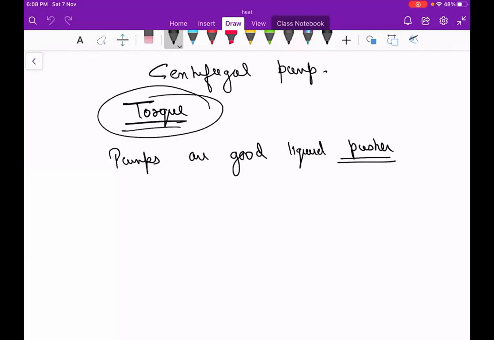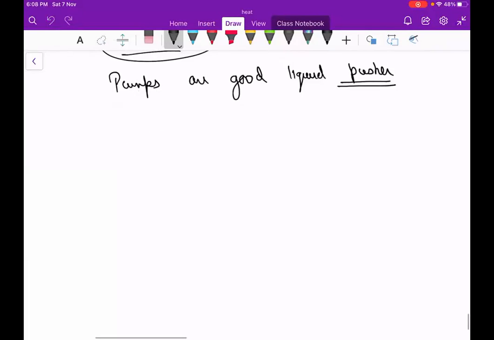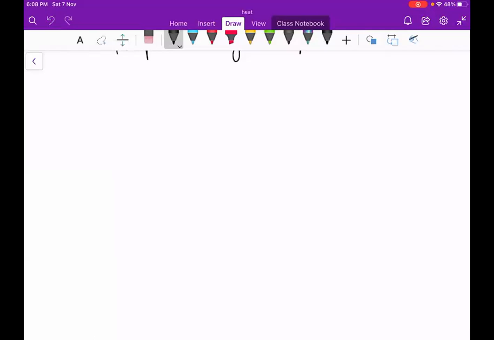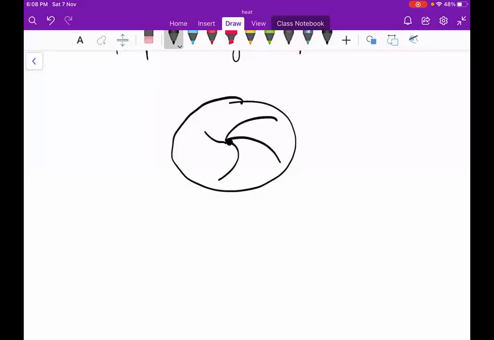First, I will tell you how this centrifugal pump works. Suppose this is the casing and the impeller is like this, connected at the center like this.